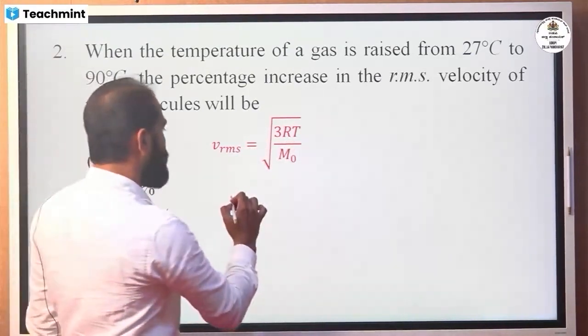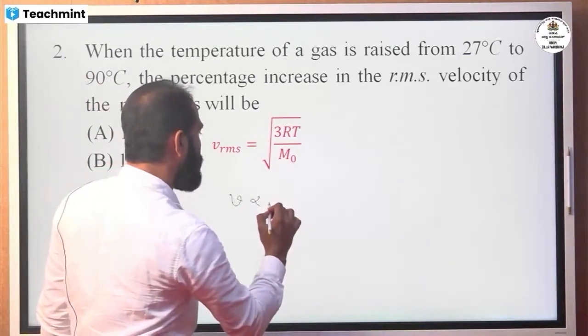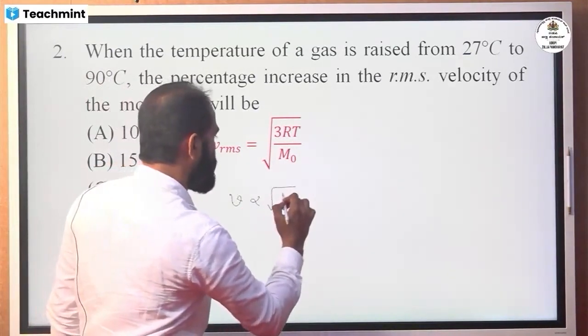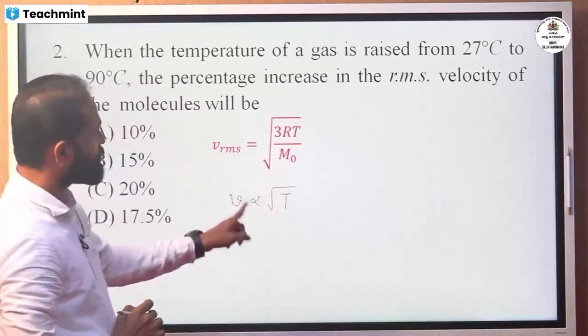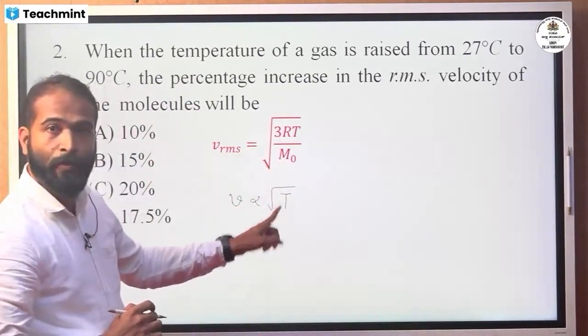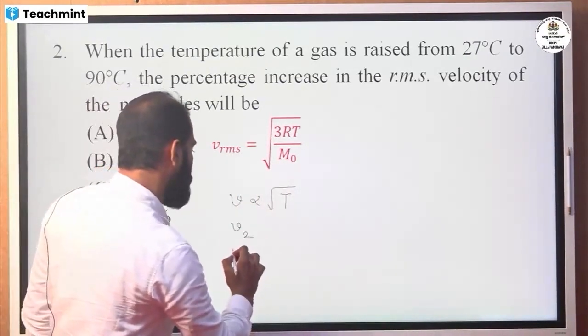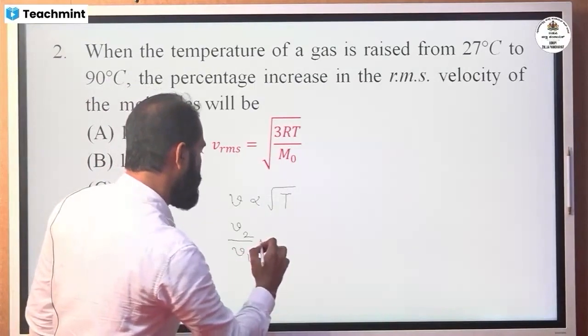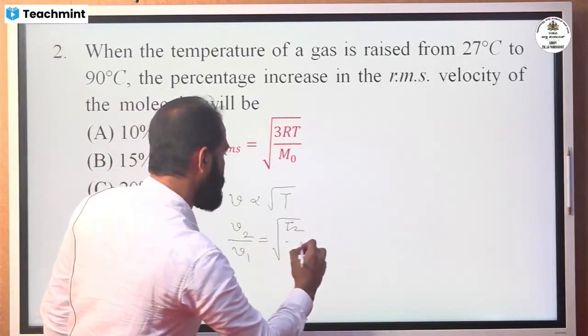So RMS velocity is proportional only to the root of temperature, other terms being constant for a given gas. Let's take the ratio: V2 divided by V1 is equal to root of T2 divided by T1.